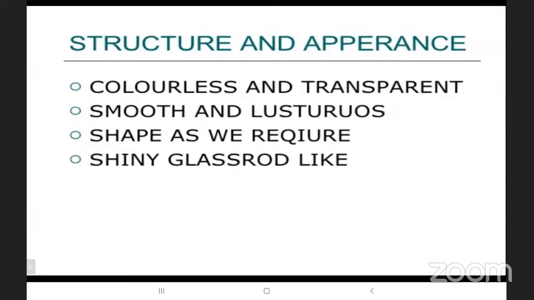So now the structure and appearance of this polyester. It is colorless and transparent, smooth and lustrous, shiny like a glass rod, and we can shape it as we require.